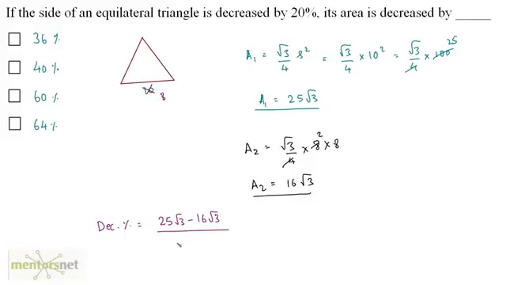So divided by the initial area, that's 25 root 3. And to make it a percentage, times 100. So 25 times 4 is 100. This is equal to 25 root 3 minus 16 root 3 is 9 root 3 divided by root 3 times 4. This gets cancelled. 4 9s are 36. So 36% is the answer. Option A.